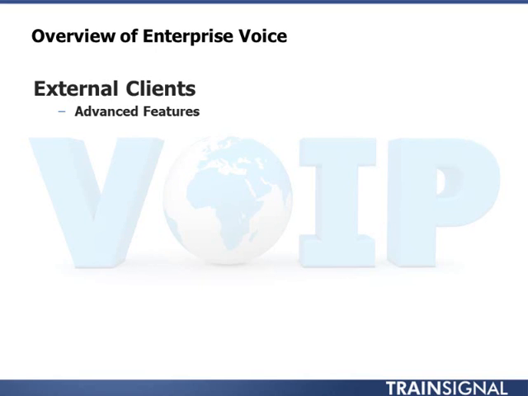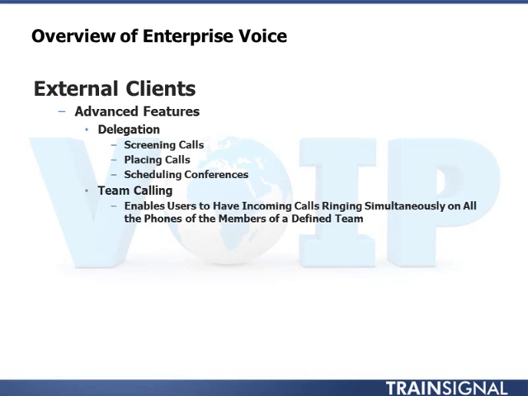Microsoft's Enterprise Voice supports several advanced features, such as delegation, team calling, and response groups. Delegation enables an Enterprise Voice-enabled user the ability to delegate call handling to assistants. So a delegate can perform tasks on your behalf, such as screening calls, placing calls, or possibly scheduling conferences.